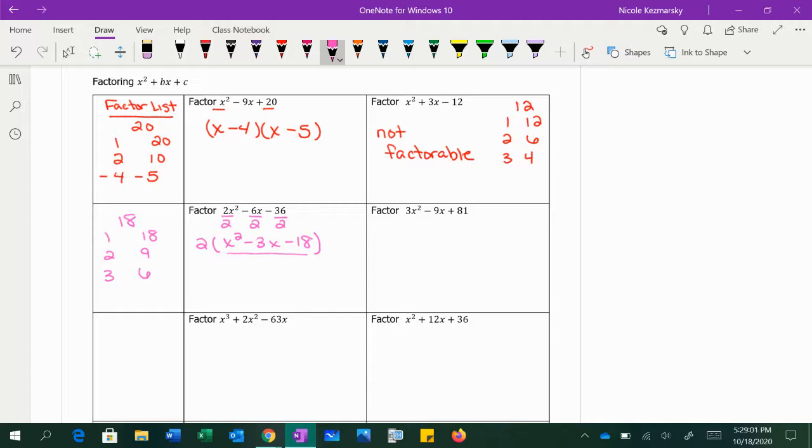Let's try negative 6 and positive 3. So I'm going to do 2 times, and we're going to have a plus 3 and a minus 6, and I'm going to put my x's in the first spot.